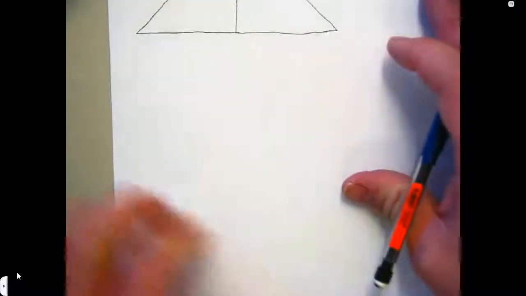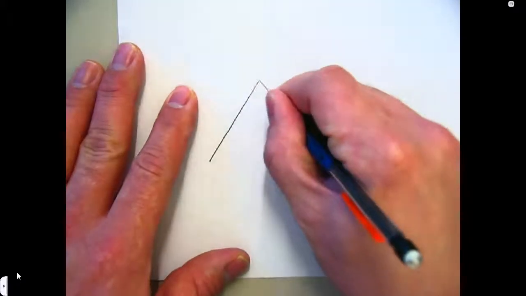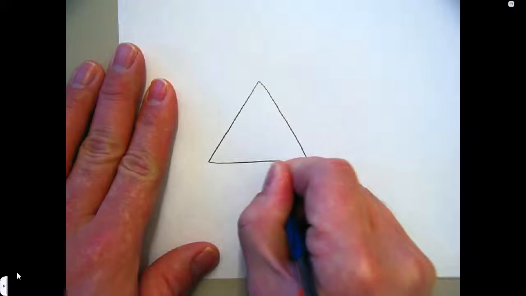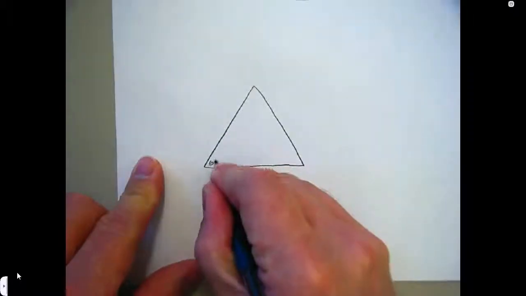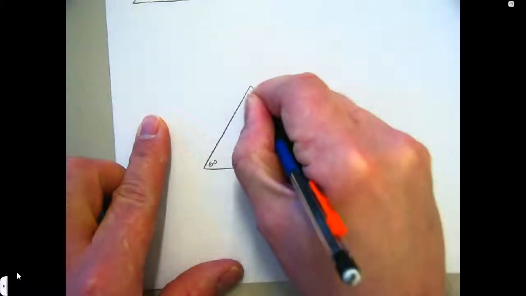Under 30, 60, 90, I need you to try a triangle that looks like this. We're going to label this. We're going to start with 30, 60, 90. We're going to label that 60, 60, and 60.